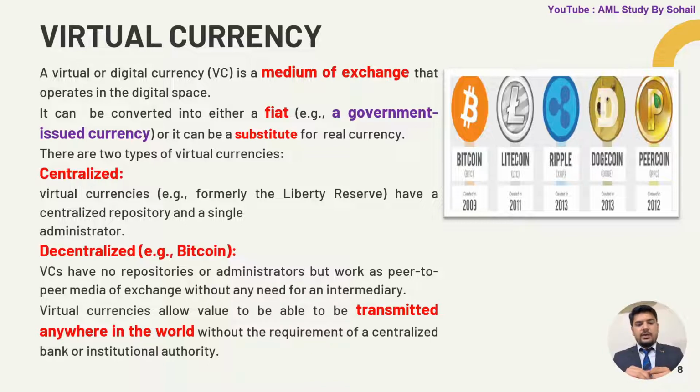Virtual currency allows value to be transmitted anywhere in the world without the requirement of a centralized bank or institutional authority. That is a very major sentence. If there is no requirement of a centralized bank or institutional authority, how can you get the audit trail?